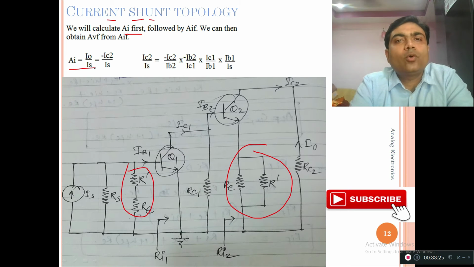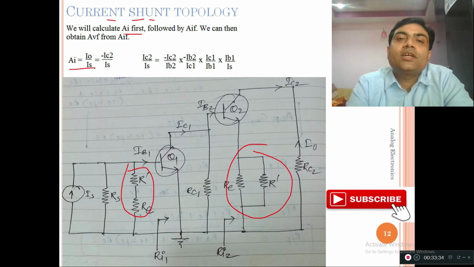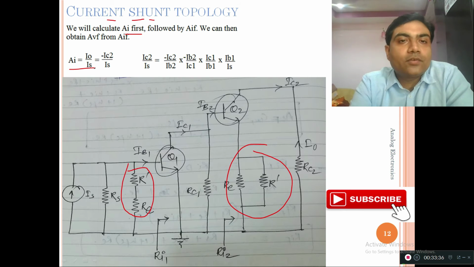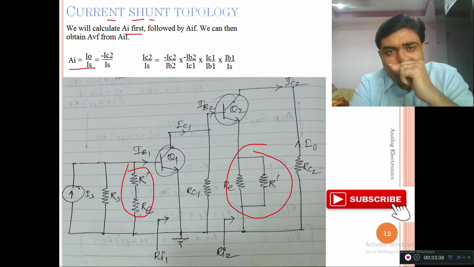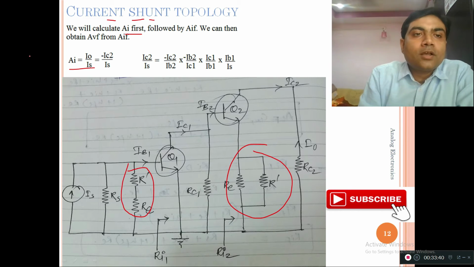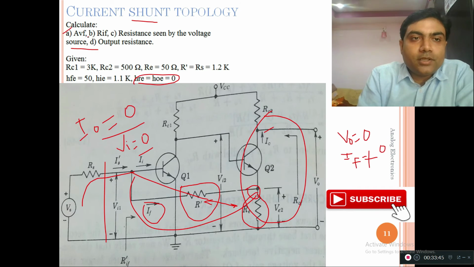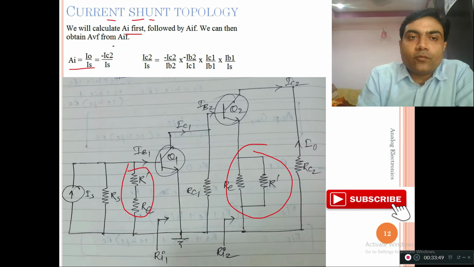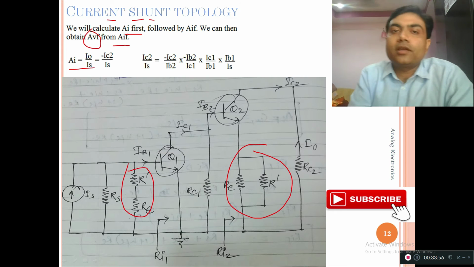AI is nothing but the open loop gain of the transistor. As we have calculated AV and GM, and then AVF and GMF, now we will calculate AI first, and by the knowledge of AI we can calculate AIF. Since the question asks me to calculate AVF, once I get AIF, I will obtain AVF from the value of AIF. So this is the trick over here.